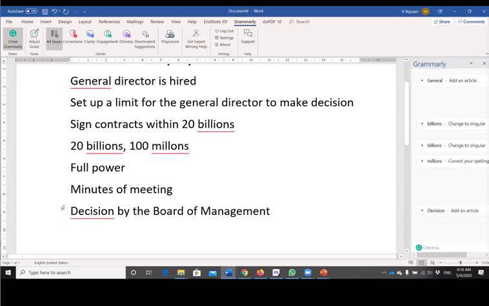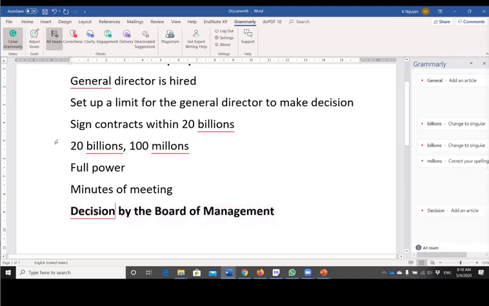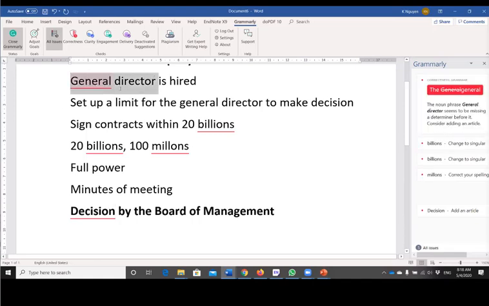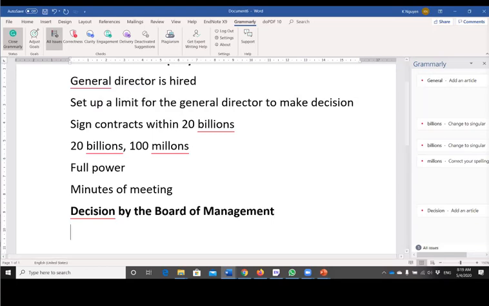You have to check that. Or if you sign a contract with the company, but with an amount over what the director is allowed, that contract will be violated, it is ineffective.